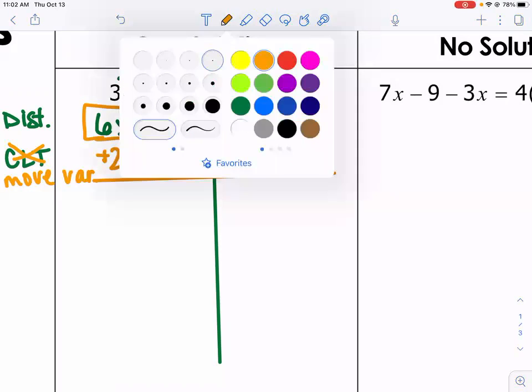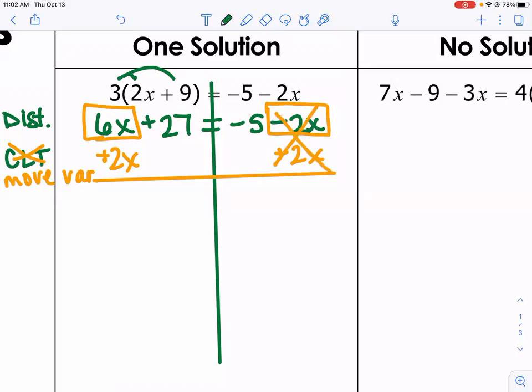That's what we want. Okay, so on the right side, we're only left with that minus 5. Over here on the left side, 6x plus 2x, 8x. And we have our plus 27.